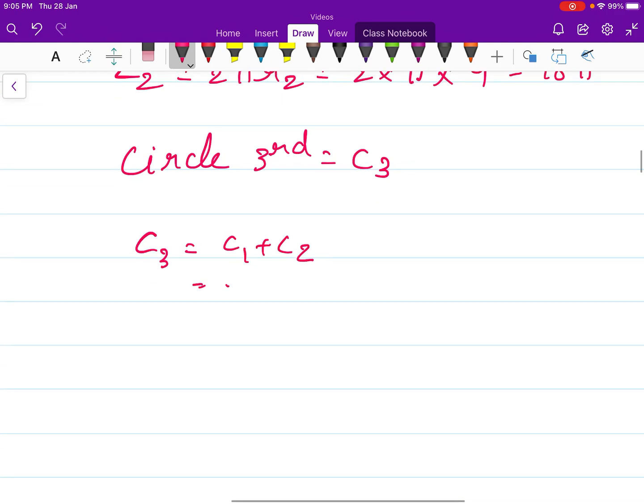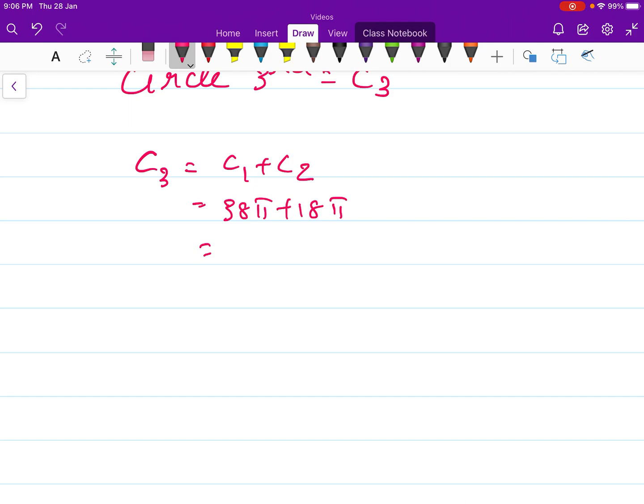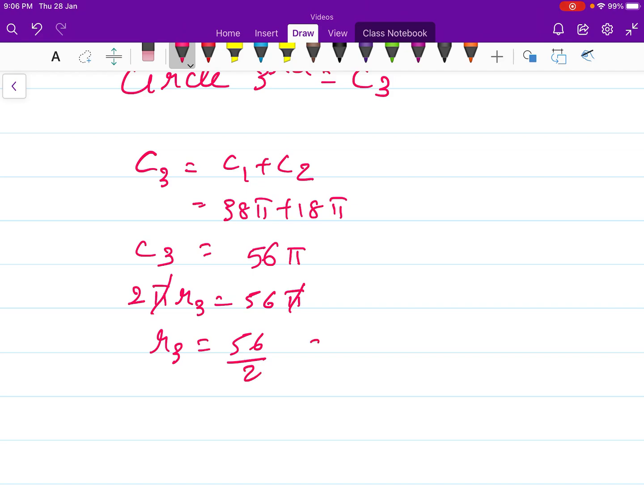So we get 38 pi plus 18 pi, which is equal to 56 pi. Now C3 is 2 pi R3 is equal to 56 pi. So we can eliminate pi and pi. So R3 is equal to 56 by 2, which is equal to 28 centimeter.